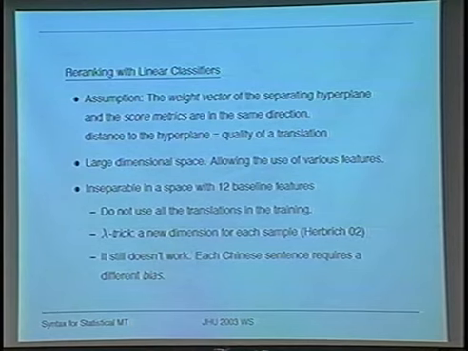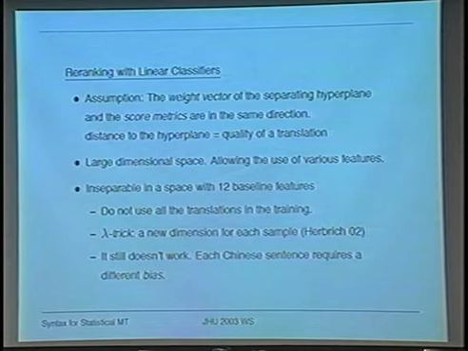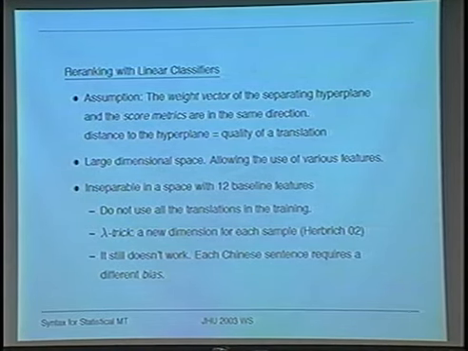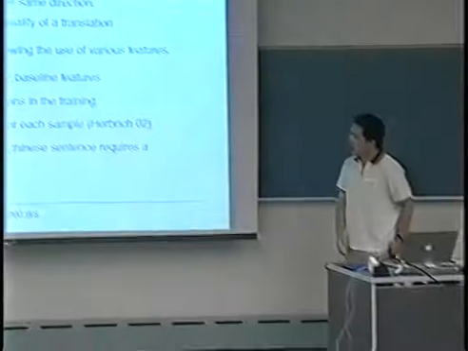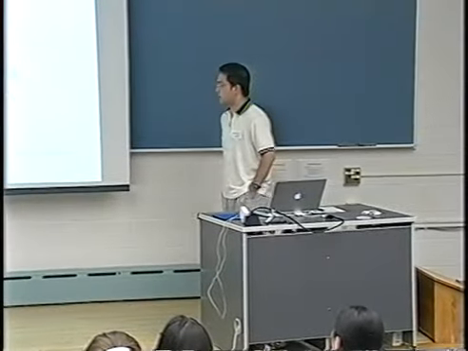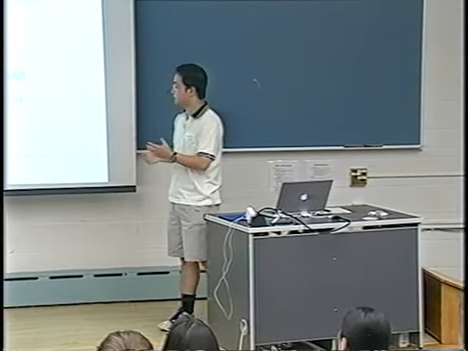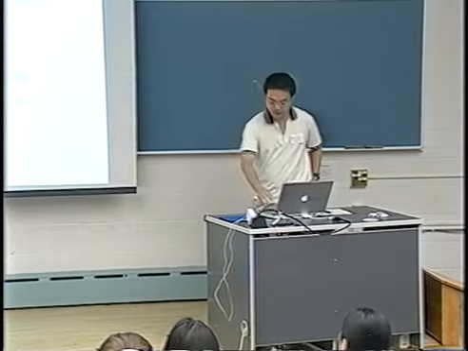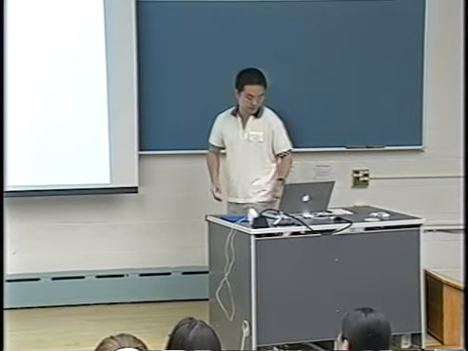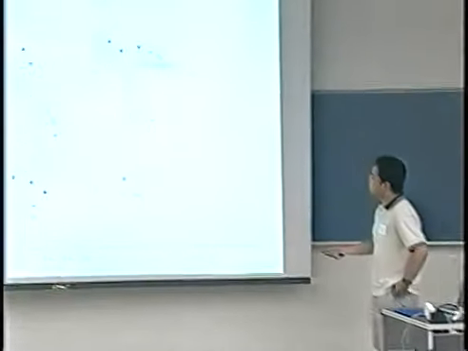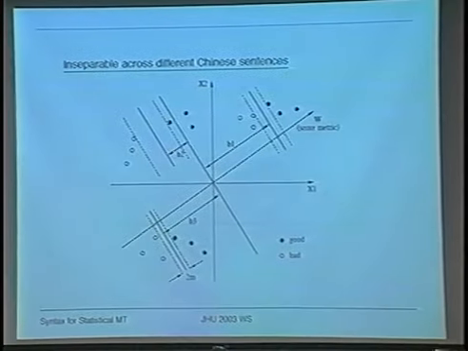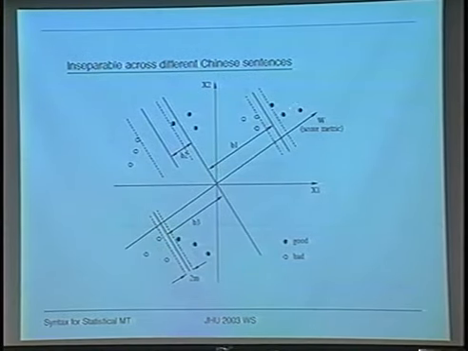We have also tried the so-called lambda trick, which means that we insert a new dimension for each translation, and this could guarantee that we can find a hyperplane. This didn't work. The reason is that we need a different bias for each Chinese sentence. The idea is as follows. For example, we have a two-dimension space, and those are the English translations for Chinese sentence 1. Each dot represents a translation.